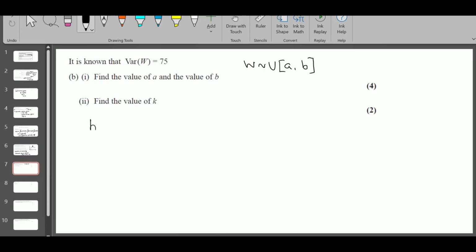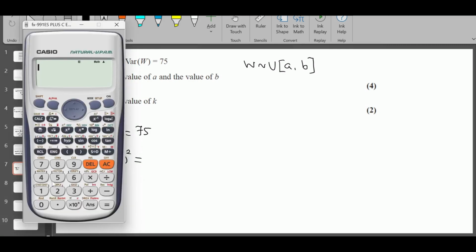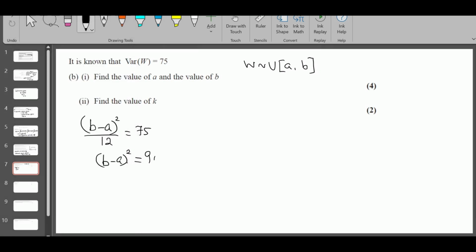The variance of x is b minus a whole square over 12, which is 75. So b minus a whole square is 75 times 12, that's 900. So b minus a, take only the positive square root because b is bigger than a.